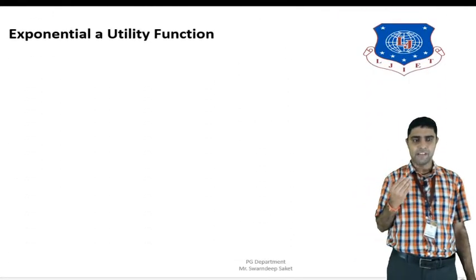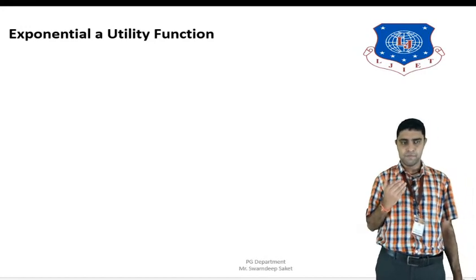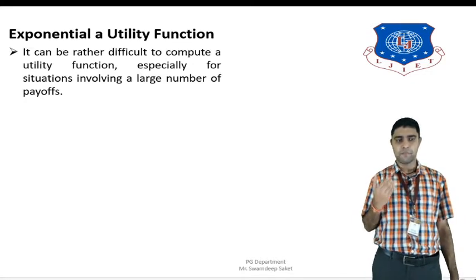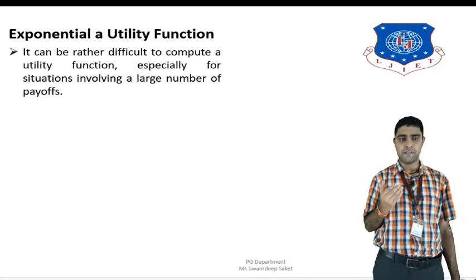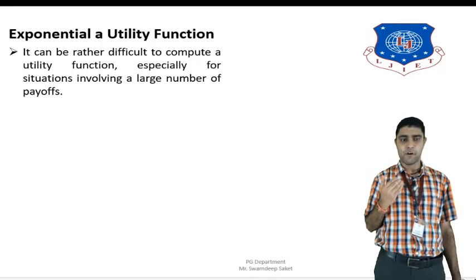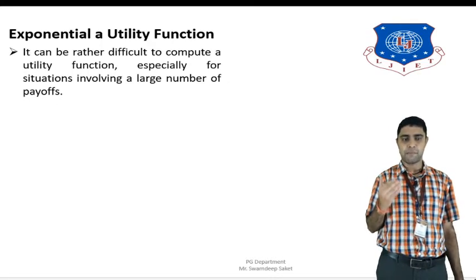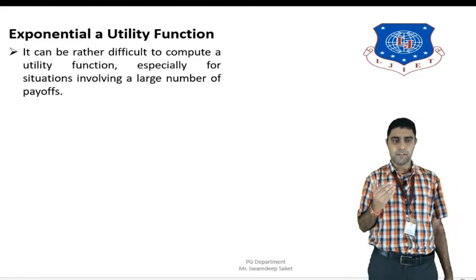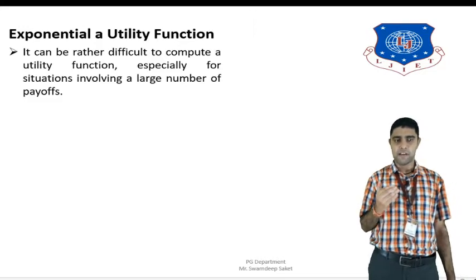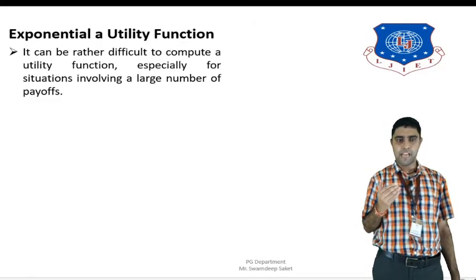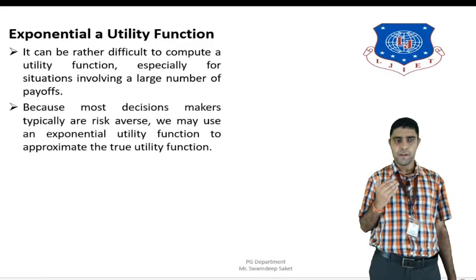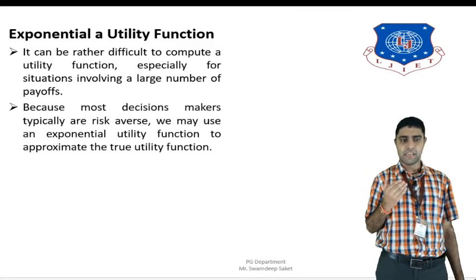Now we see the exponential function as a utility function. It can be rather difficult to compute the utility function. In the exponential function, the utility function is difficult to calculate especially for a large number of payoff values. If the payoff values are small, like price, cost, time or distance, then the exponential function is easy to use as a utility function, because most decision makers are risk averters.